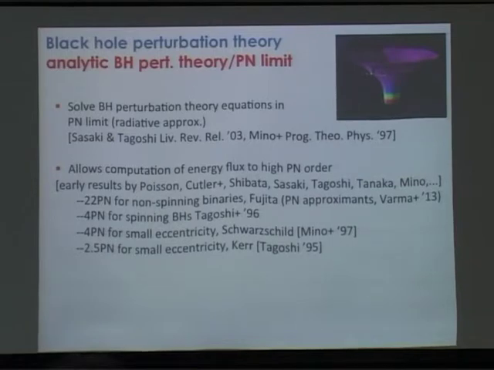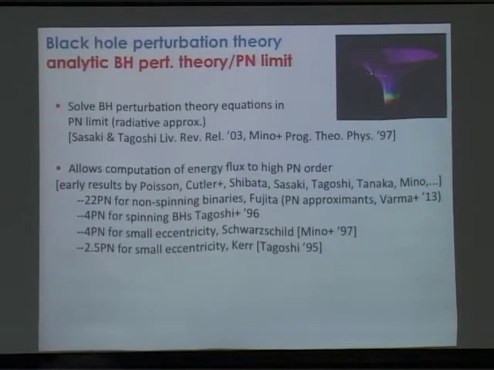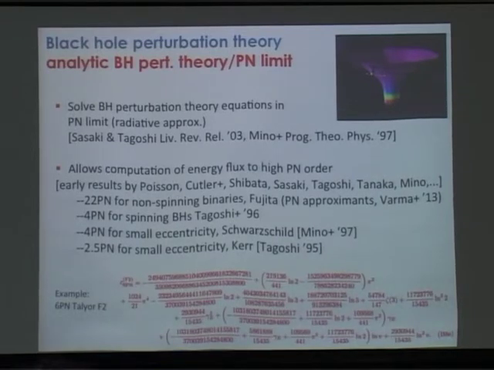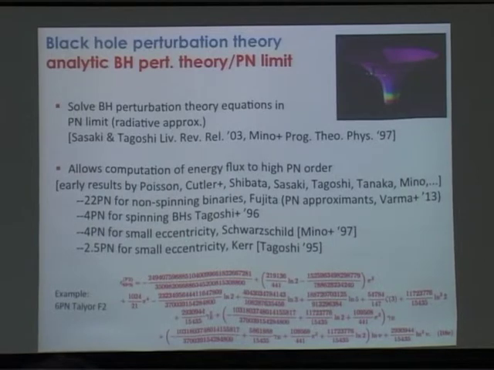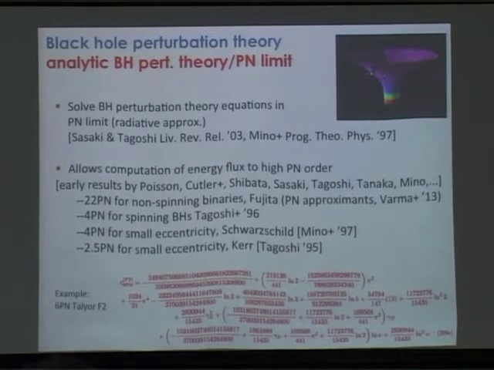These were done to the order of 4PN many decades ago, and recently have been computed up to 22 post-Newtonian order for just a point particle going around a Schwarzschild black hole, and they're known to lower orders for more complicated situations involving spin or eccentricity. As an example, I showed that long expression for the phase evolution as a function of frequency.